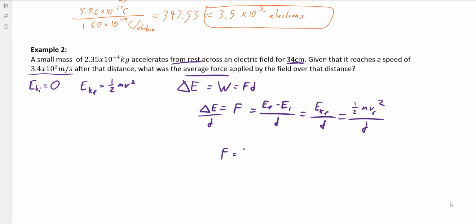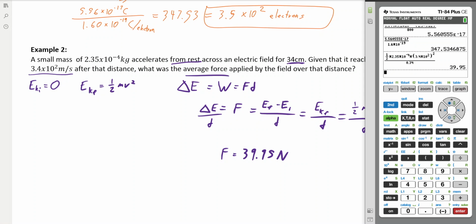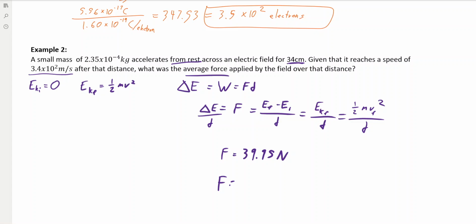And so it says we have 39.95 newtons as our average force. So given that we have 2 sig digs, it should be 40 newtons of force applied over that distance.